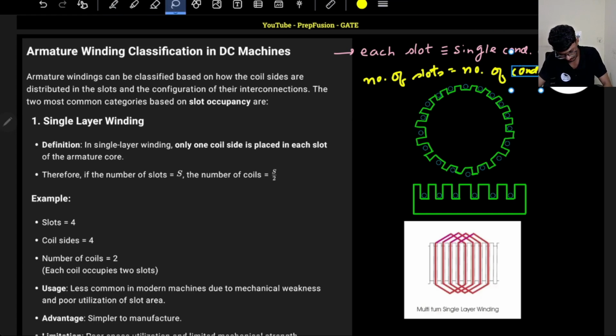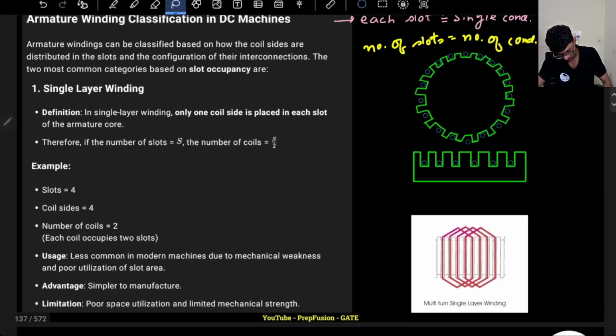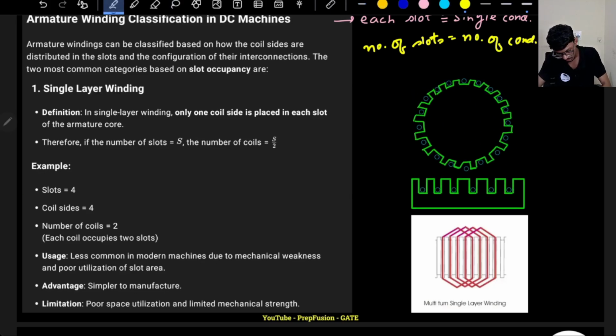So I can say here that S will be equal to the number of conductors, Z, right? And what is another relation?